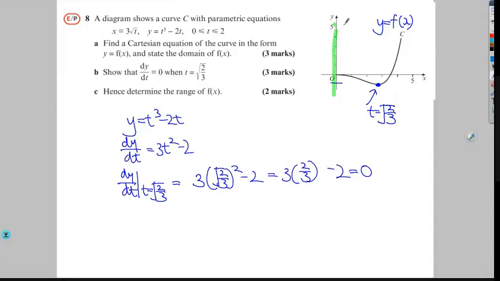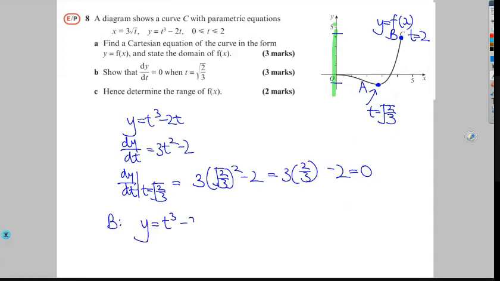So actually here t is square root of 2 over 3, and by substituting this value back into both x and y, I can find my coordinates.